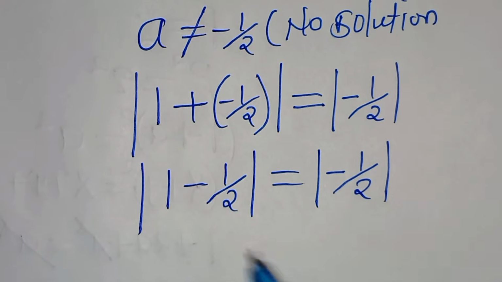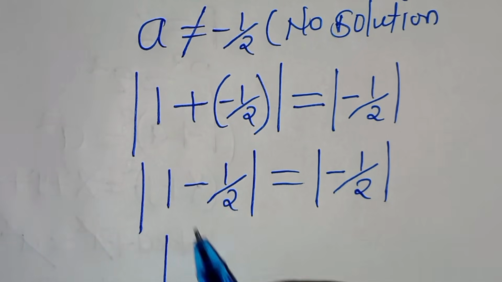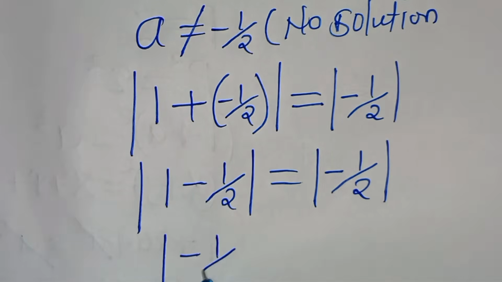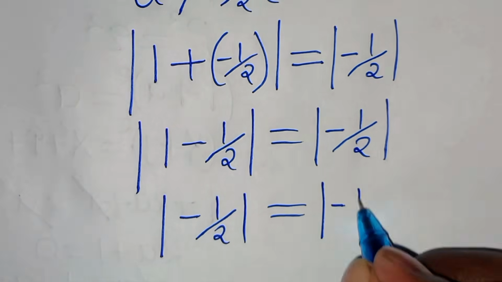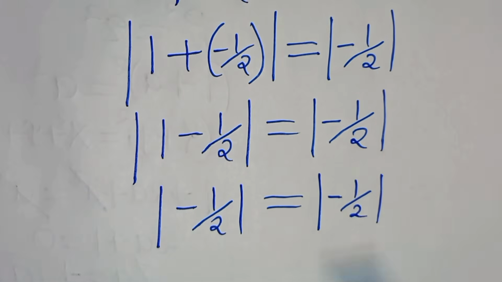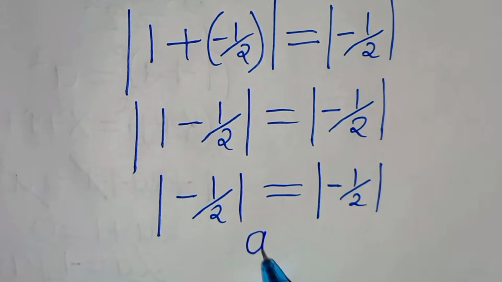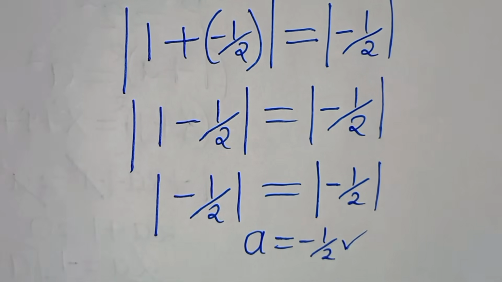In this case, the magnitude of 1 minus one half, which is one half, is equal to the magnitude of negative one half. This means that a equal to negative one half satisfies the equation.